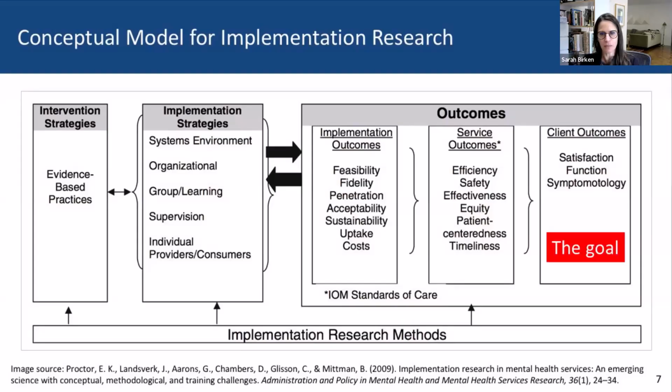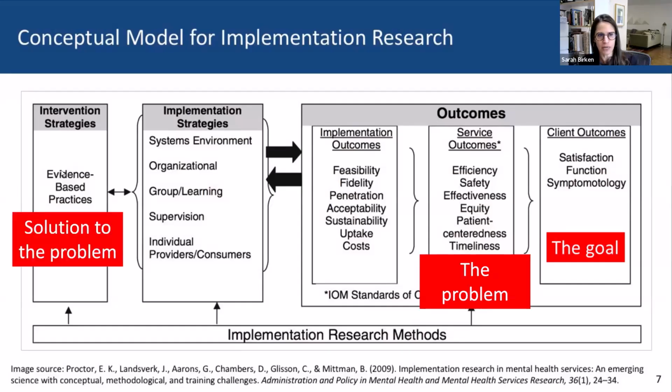So this is the goal, right? To improve the patient outcomes. The problem usually lies in inadequate efficiency, safety, patient-centeredness, and we're trying to intervene on those problems with these intervention strategies. So these are the 7 Ps. Maybe you've heard Ross Brownson talk about pills, policy, procedures.